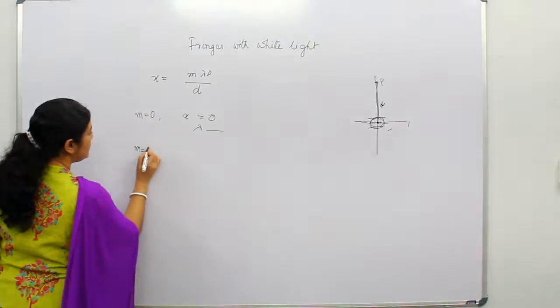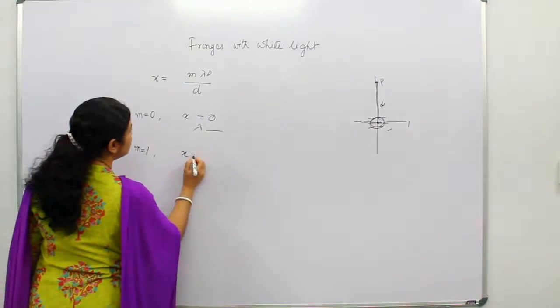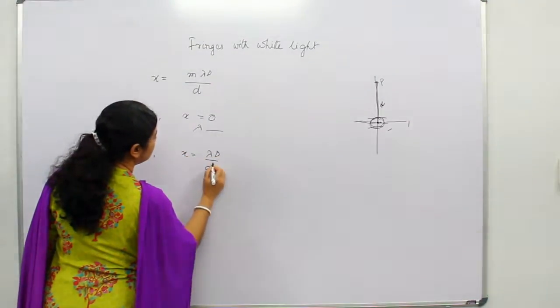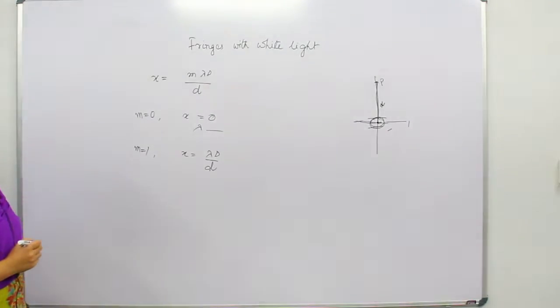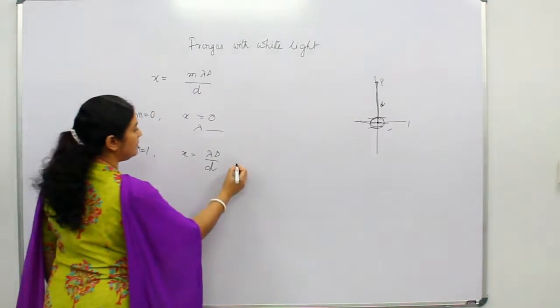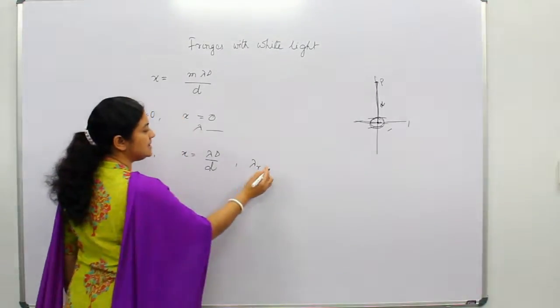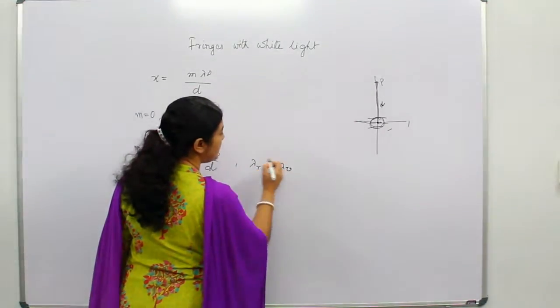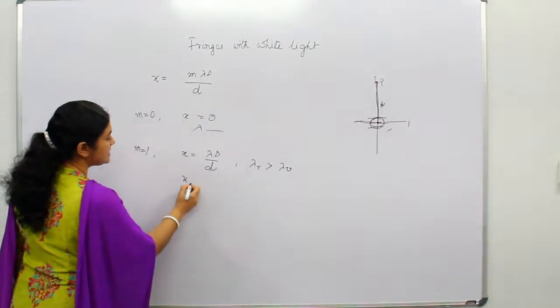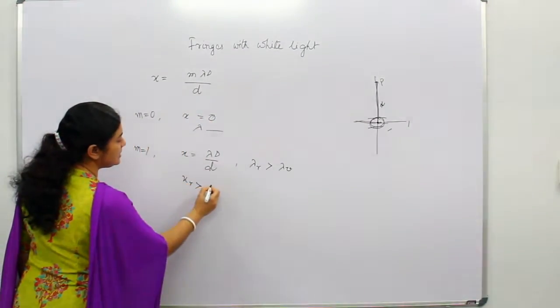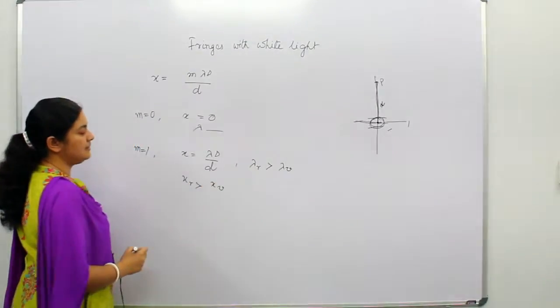Suppose m equal to 1, then we get x equal to this. We know lambda r, the wavelength for red light, is greater than the wavelength for violet light. So x r will be greater than x v.